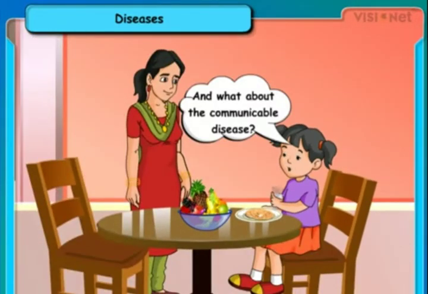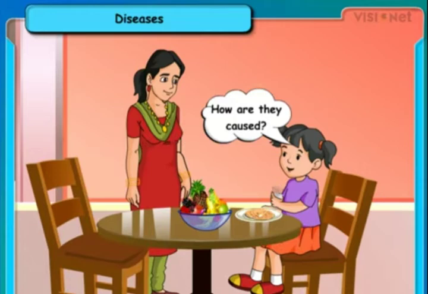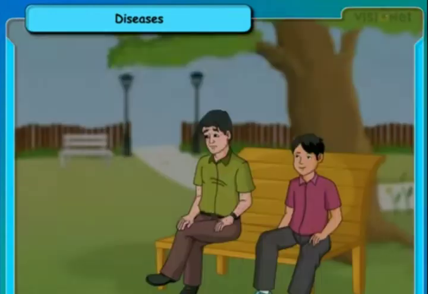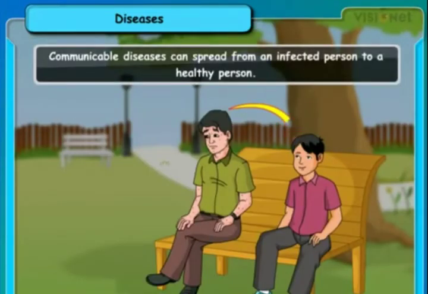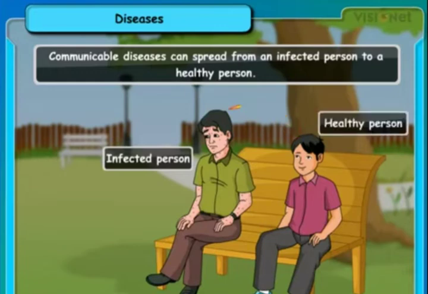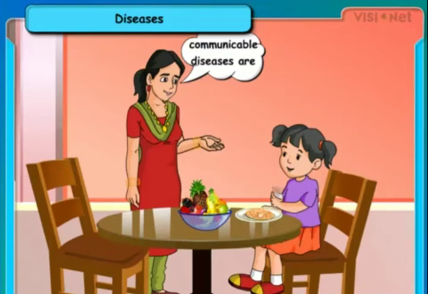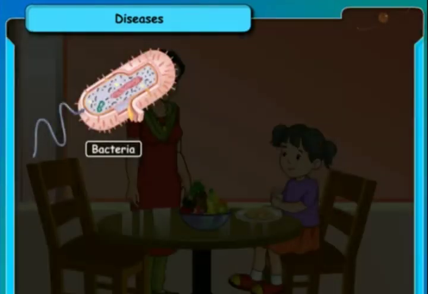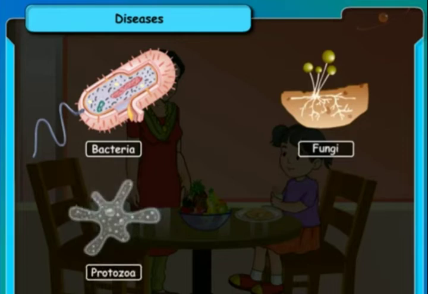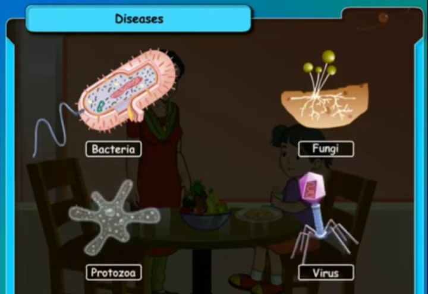And what about communicable diseases? How are they caused? Communicable diseases can spread from an infected person to a healthy person. But what causes these diseases? Communicable diseases are caused by agents like bacteria, fungi, protozoa, and viruses.